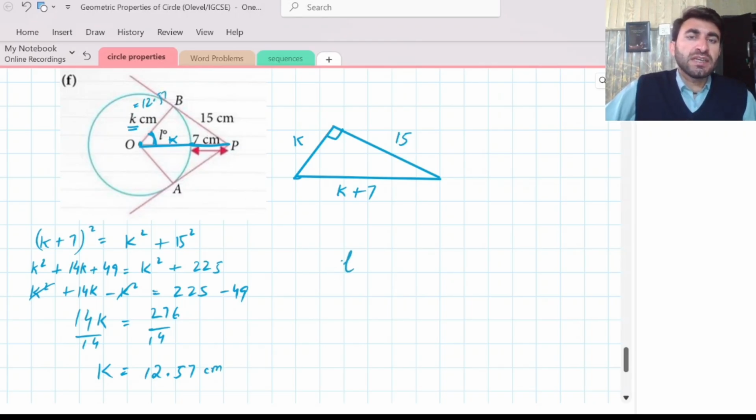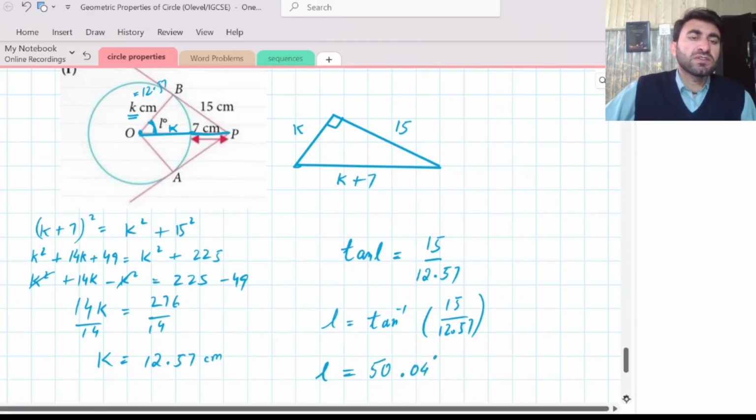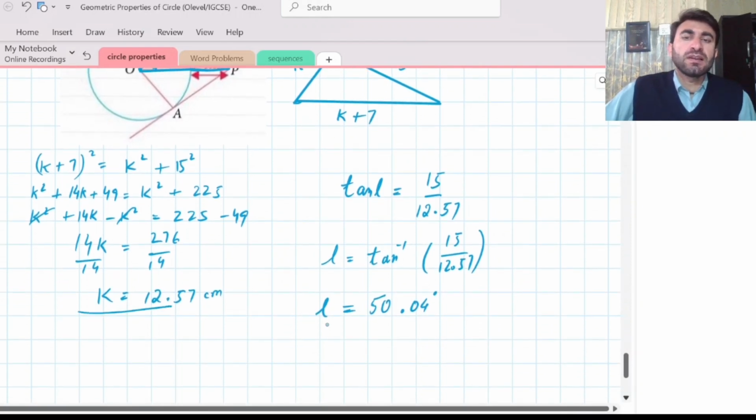So tangent L equals 15 divided by 12.57, and the angle L will be tangent inverse of 15 upon 12.57, and the value of angle L will become 50.04. So these were the two unknowns in this last part.